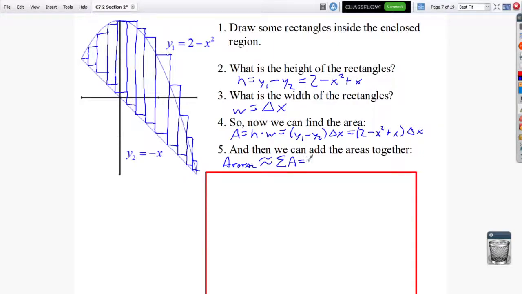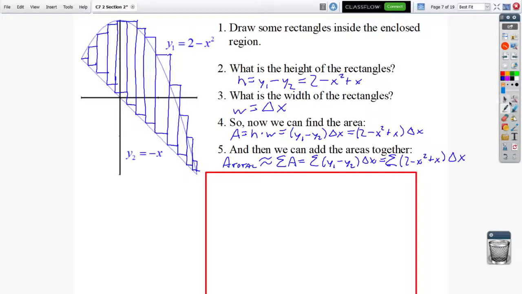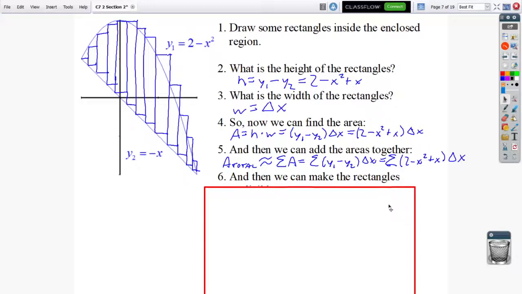So the summation of the dominant function minus the non-dominant function times delta x, or the summation of (2 minus x squared plus x) delta x, depending on whether we want to talk in general or about this specific situation.